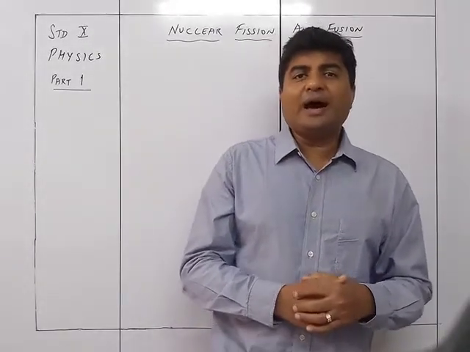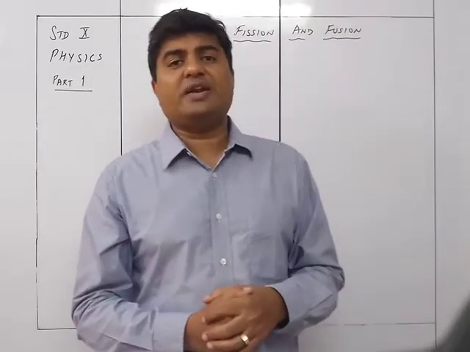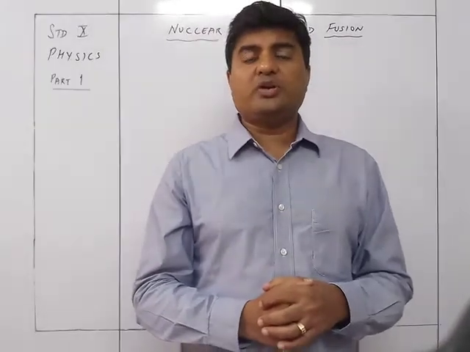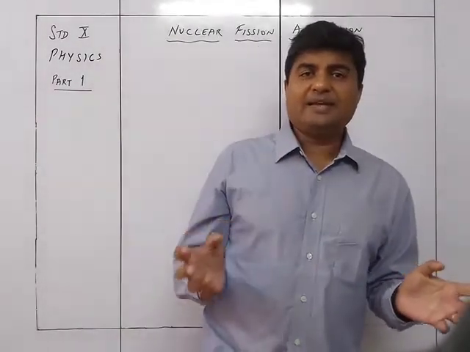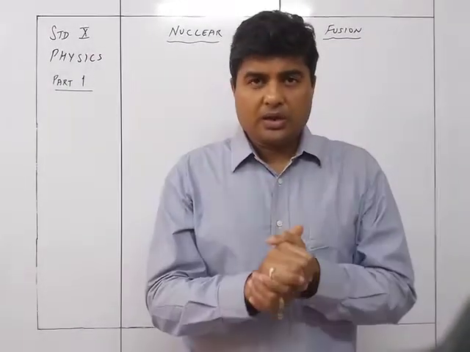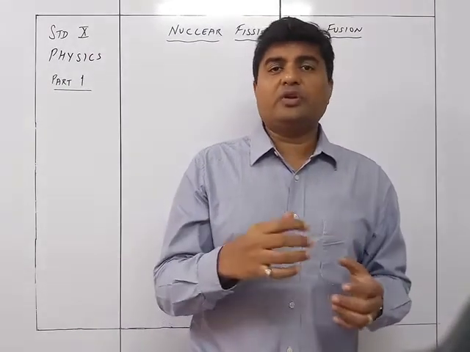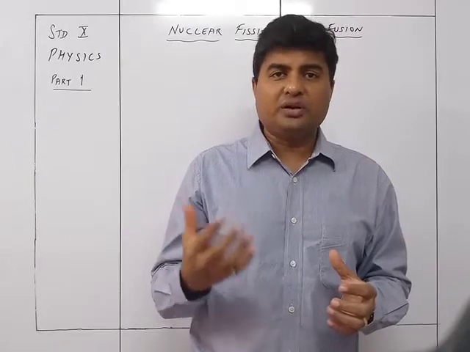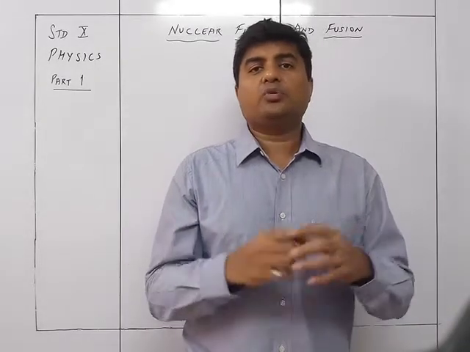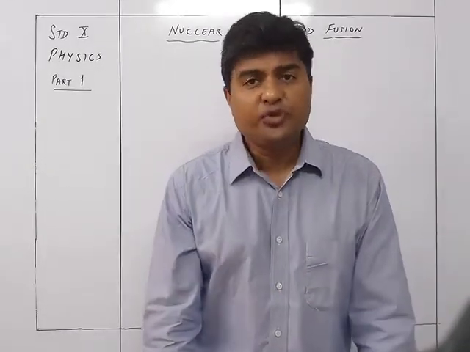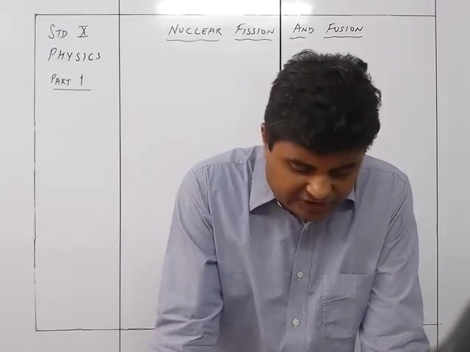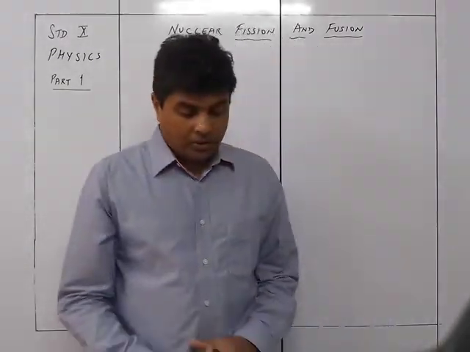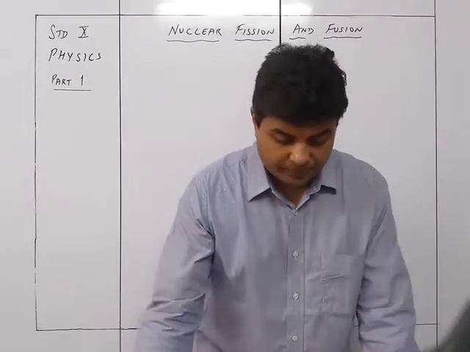We are able to generate energy when you split the atom, and at the same time when you combine the atom. When you split the atom, it is nuclear fission energy, and when you combine the atom, it is nuclear fusion energy. So nuclear fission and fusion, nuclear energy.